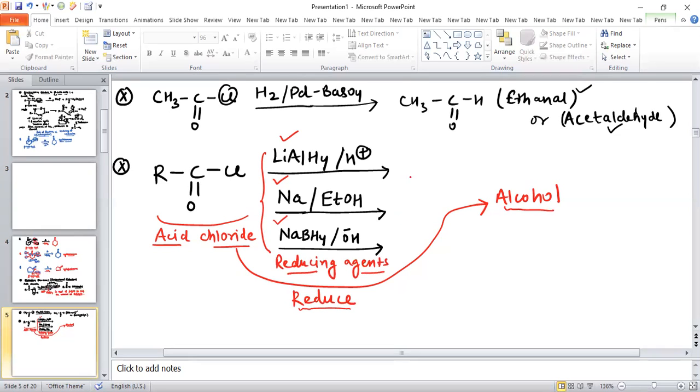So the product obtained by these reagents is RCH2OH. So you cannot use these reagents for the reduction of acid chloride into aldehyde. If you want to reduce this acid chloride into aldehyde, then you should use hydrogen and palladium in presence of barium sulfate, and this reaction we call Rosenmund reduction. So this reduction we call the Rosenmund reduction reaction.